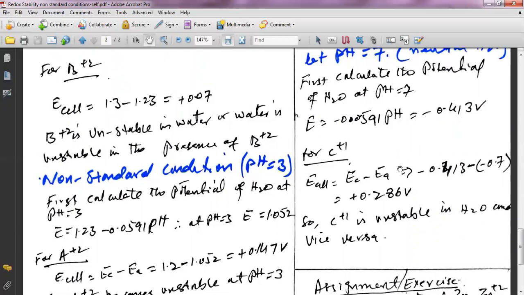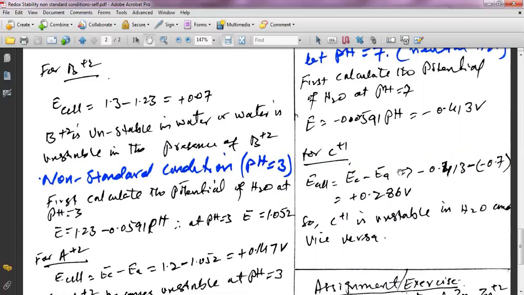And you can check the stability even at pH 2 or pH 8 or pH 14. It depends on your interest to further explore the stability of the metal ions in the presence of the water. So A, B, or C, these are the oxidized form or the reduced form of any metal, and you can take any metal from the electrochemical series.